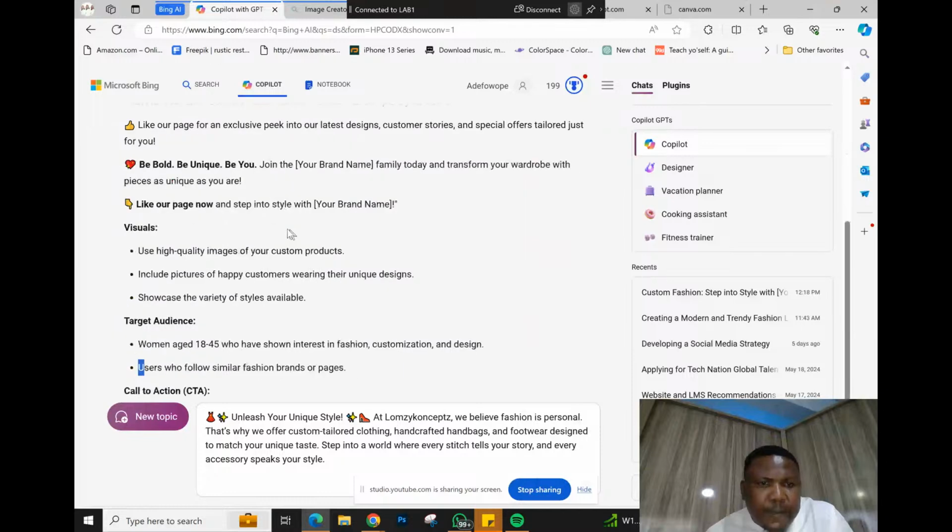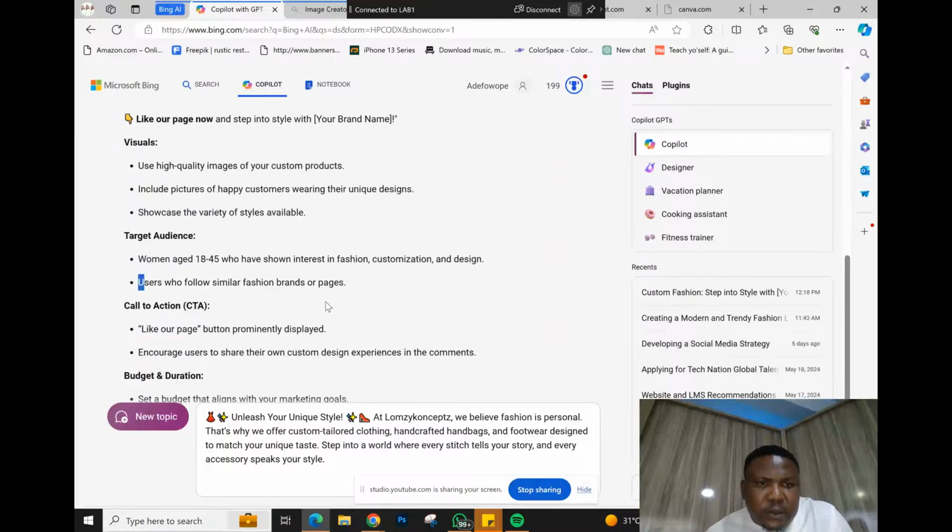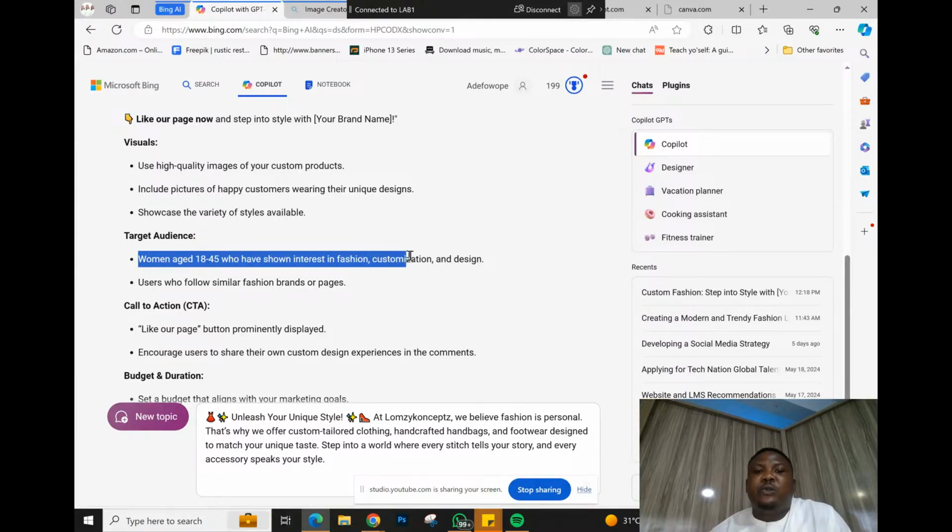Quality image: include picture of happy customer, showcase target customization and design. Okay. Page targets women aged 18 to 45 who have shown interest in fashion, customization, and design, right?